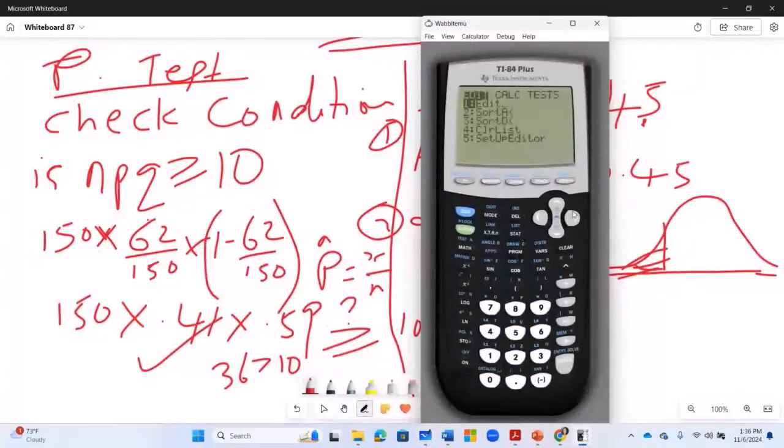So I'm just going to go to start, do one prop z-test. Let me go back because I think I've selected the wrong thing. I'm still going to go to start and go to test, and I'll arrow down to one prop z-test, which is number 5.